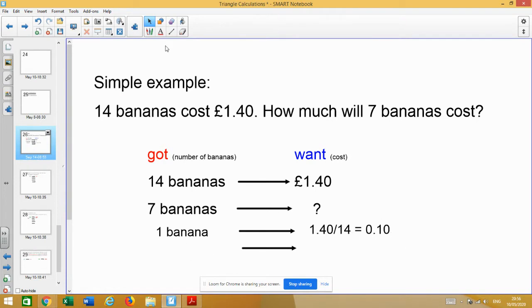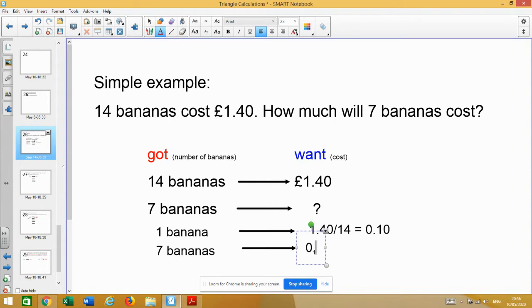If we want to know 1,000 bananas, we have to times that value by 1,000. So for 7 bananas, we times it by 7 and we get 0.70 pounds. And you need to make sure you're writing the correct units for these questions as well.